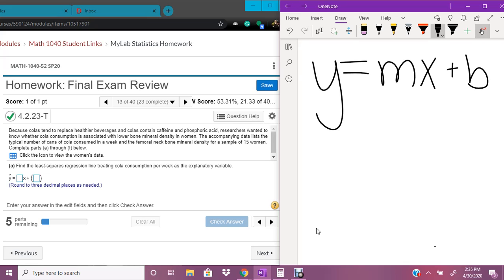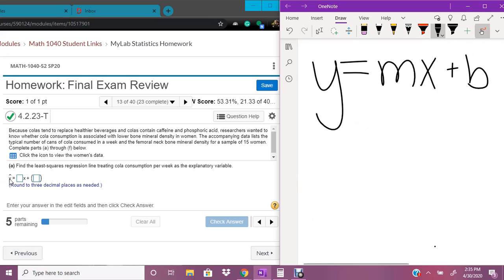We have all of this data, and we're going to compute it in StatCrunch, and it's going to give us a line that is the best fit line, or it shows the correlation, how close. So you're just going to draw a line right down the middle of your plotted data points, and that would be your least squares regression line. It shows the average values of the data, and it helps you predict.